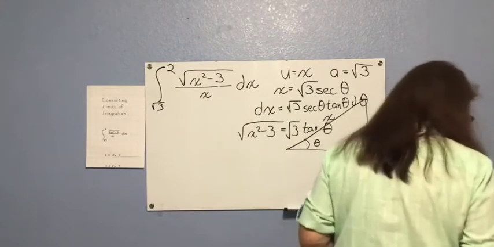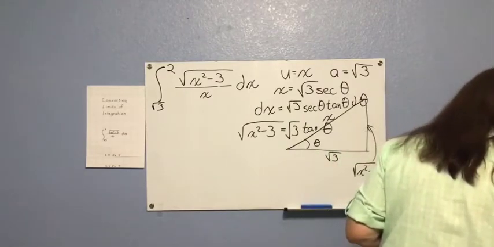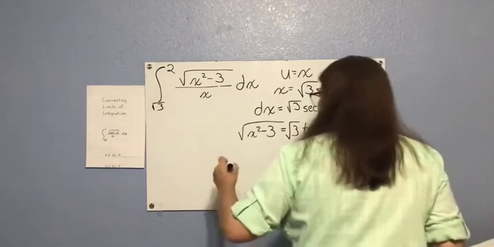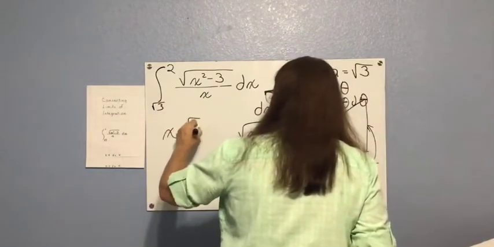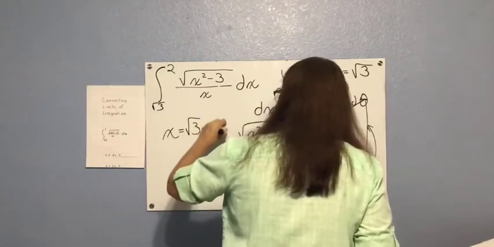Okay, to find our limits, we're going to use this substitution. X is equal to square root of 3 secant theta.